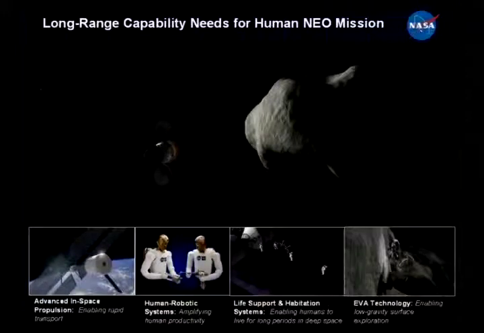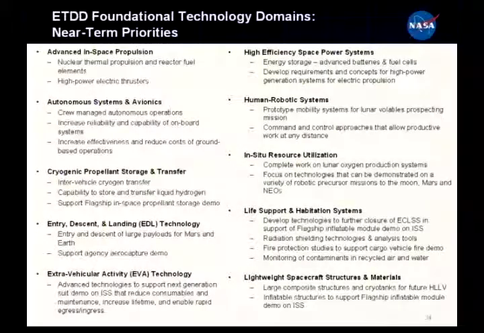So here's some of the things we need for a NEO mission: advanced in-space propulsion and electric propulsion systems to get the crew there quickly, robotic systems so that we could amplify human productivity, life support and habitation systems to allow the crew to live for long periods in deep space, and then EVA technology to allow the crew to work on low gravity surface environment as they're exploring the asteroid.